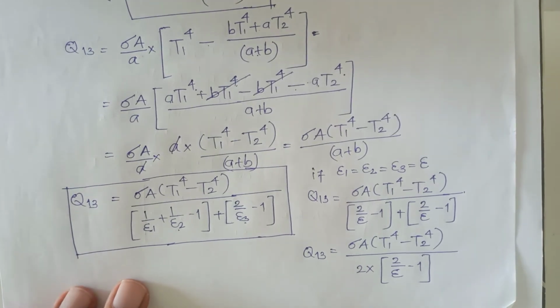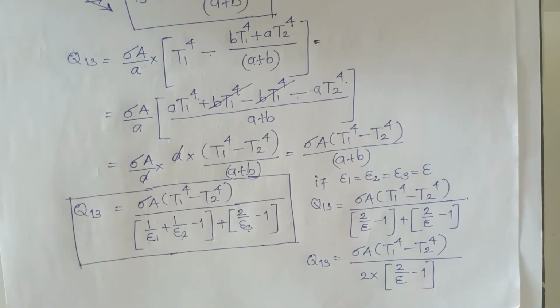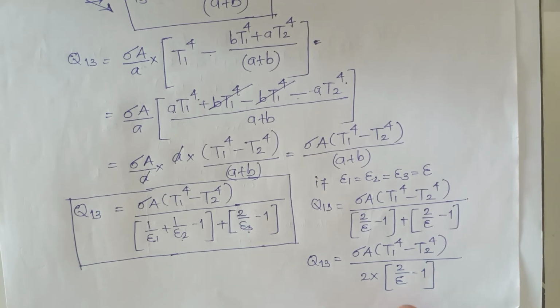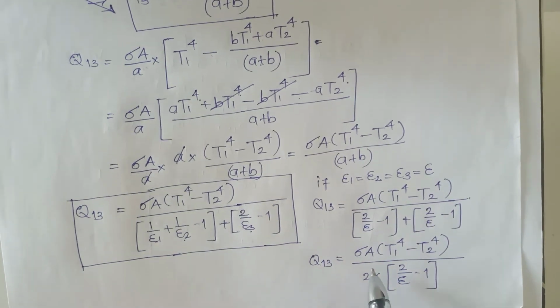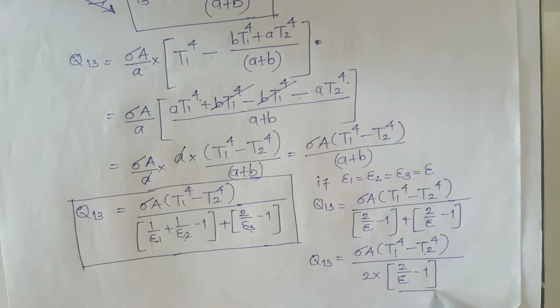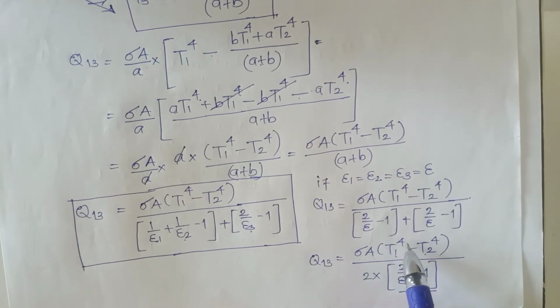Okay, so what do we observe over here? When we parameterize this, we observe that this entire term sigma A T1 raised to 4 minus T2 raised to 4 upon 2 upon epsilon minus 1 is nothing but heat exchange between two surfaces.